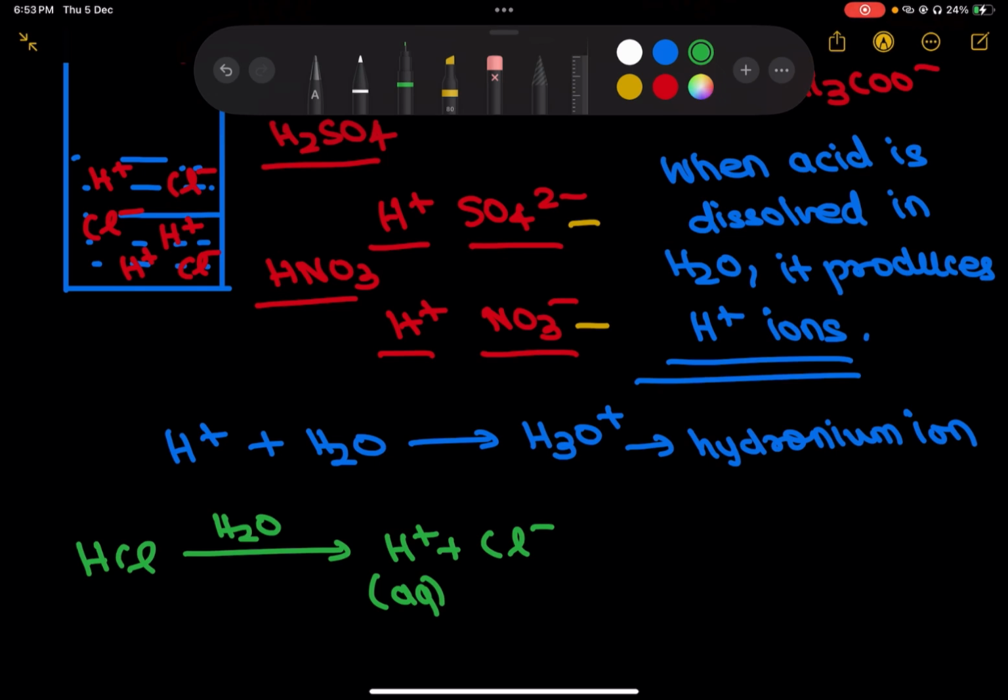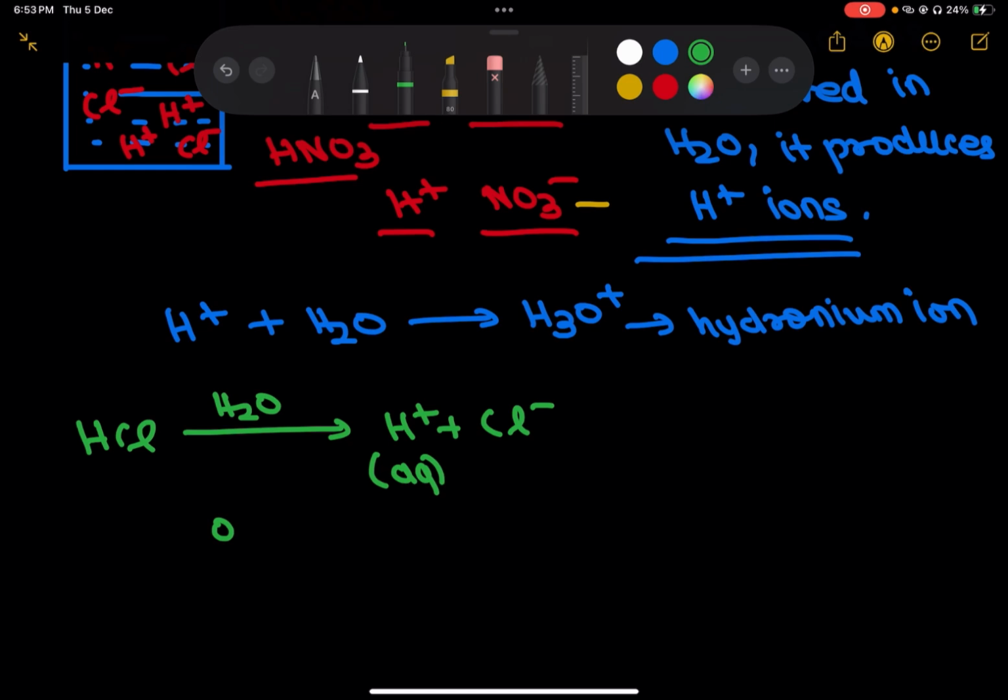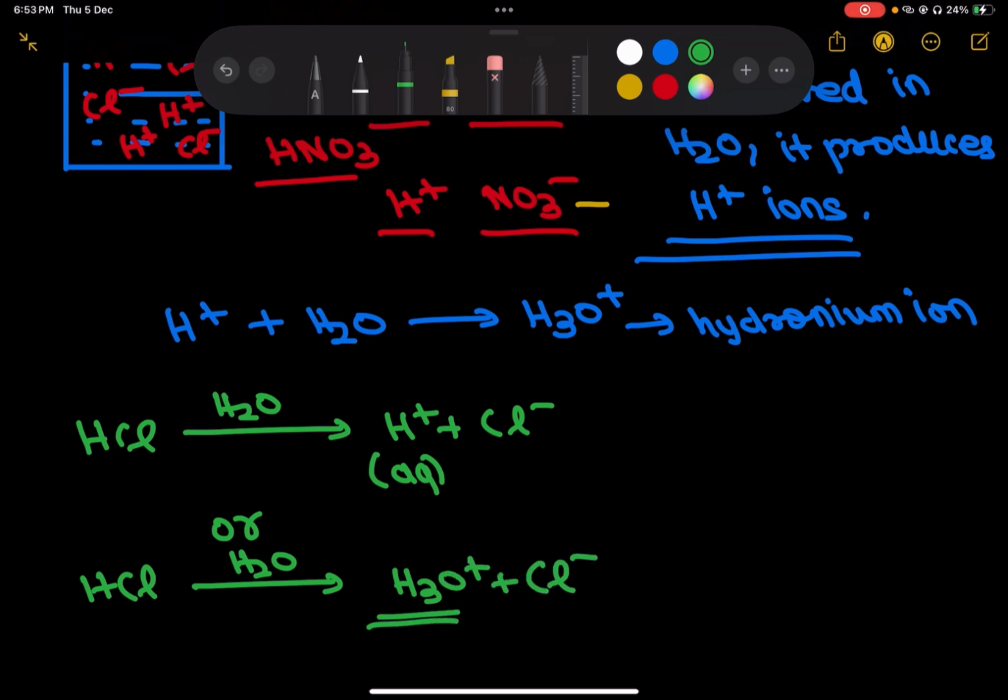Or you can also write this reaction as HCl in the presence of H2O produces H3O plus and Cl minus ions. Here you don't have to write aqueous because you have combined H2O and the H plus ion and written the hydronium ion. So these are the two ways of writing the reaction.